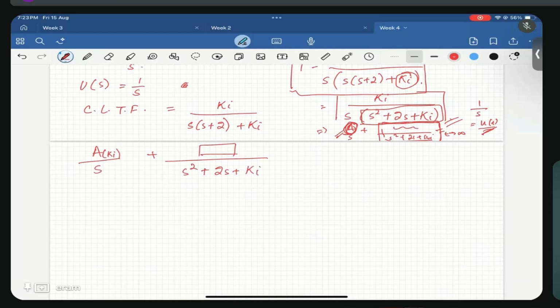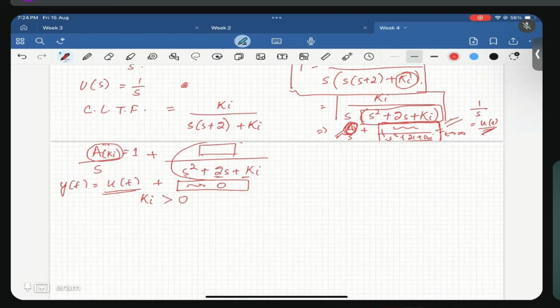And if we choose ki greater than 0 and such that this numerator equals 1, then what will be the response of the system? y(t) will be u(t) plus some term which is stable, right? Because all the coefficients of this are non-zero and of the same sign. So as t tends to infinity, this term will go to 0. So what will we be left with? u(t).